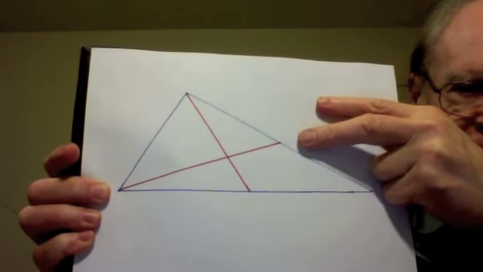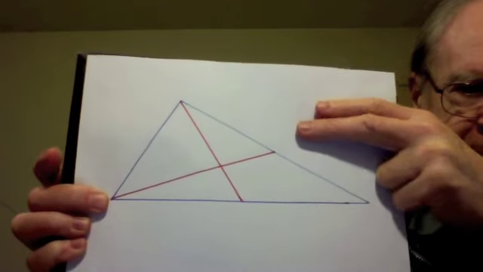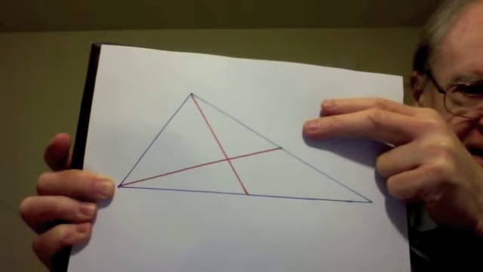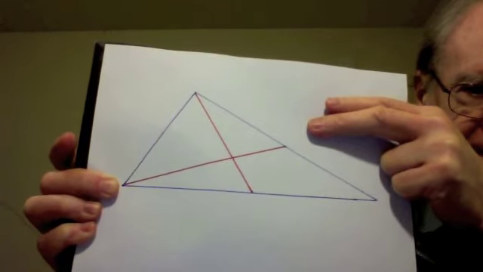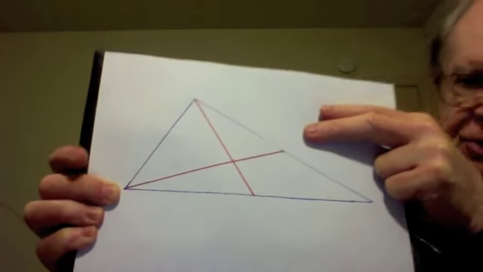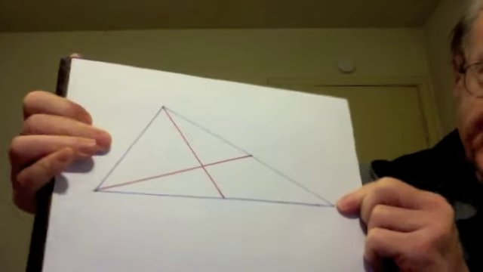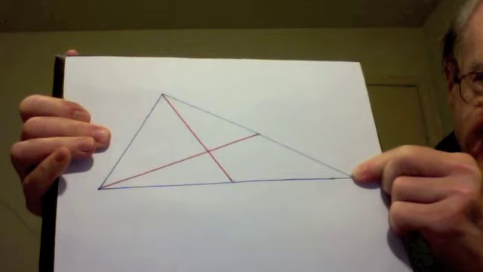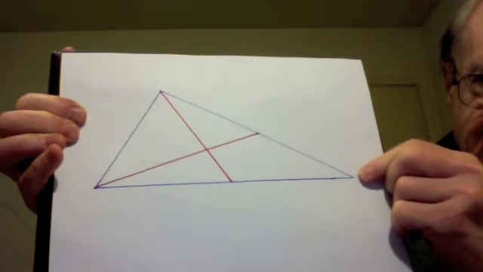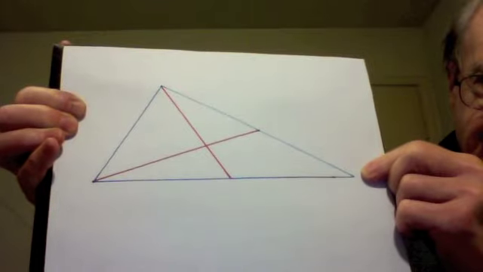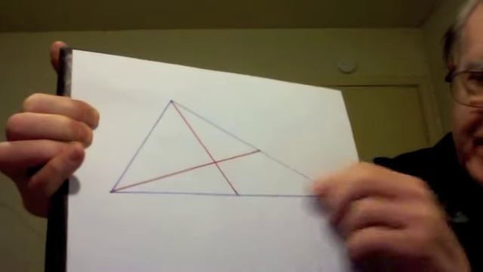It goes from this vertex on the left to the midpoint of this side on the right. And there is one other median of the triangle, not shown. It will go from this vertex to the midpoint of this side on the left. And obviously these two medians that I've drawn intersect at this point.